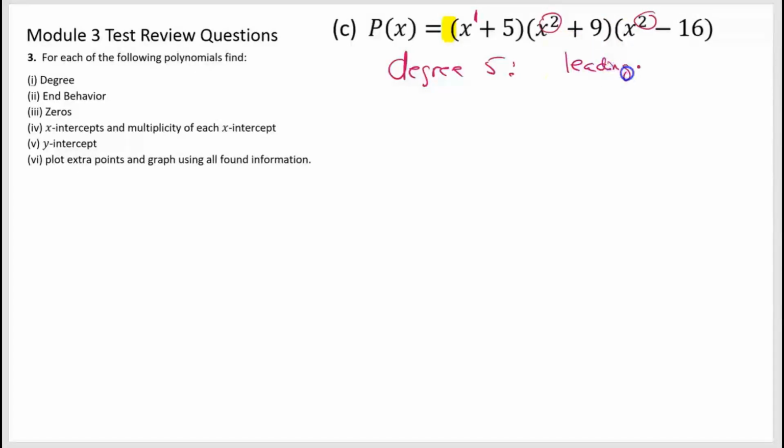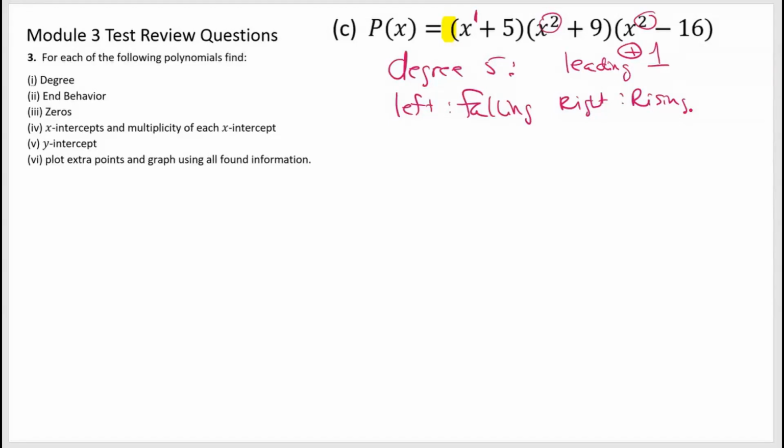Sometimes I just say it and I don't make it clear. How about a 1? And it's positive. That's what's important. Which means the left side is falling, very, very much like x to the third, and the right side is rising. And that's what I mean by end behavior.